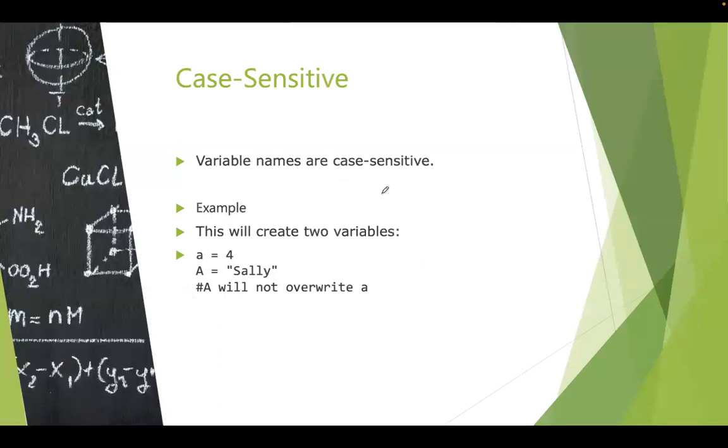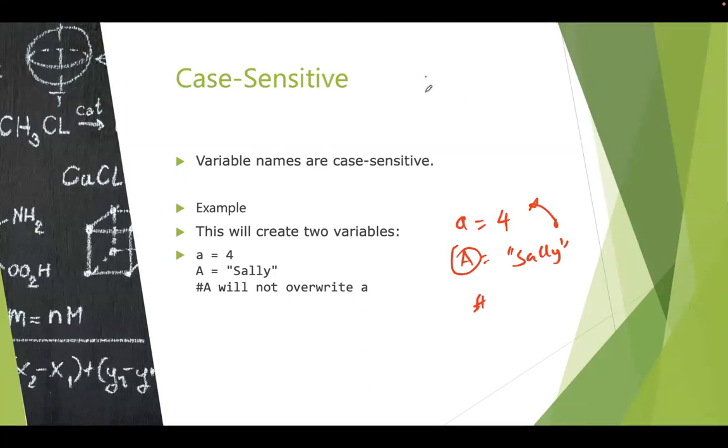For example, if you have a is equals to 4, and you also have A is equals to "Sally", this A will never override the other because it's not the same thing.